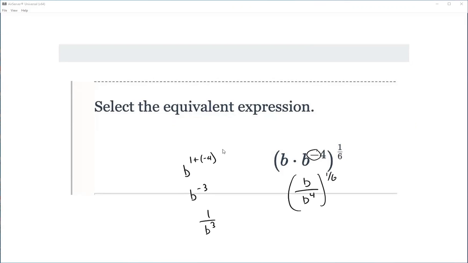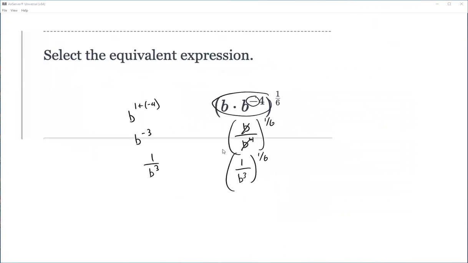All right. Now that we've done this middle part right here, if you cancel this out, again, that's also 1 over b cubed, right? And then you have the 1/6 power. And so you multiply the 1/6 power, you apply it to both the top and the bottom.